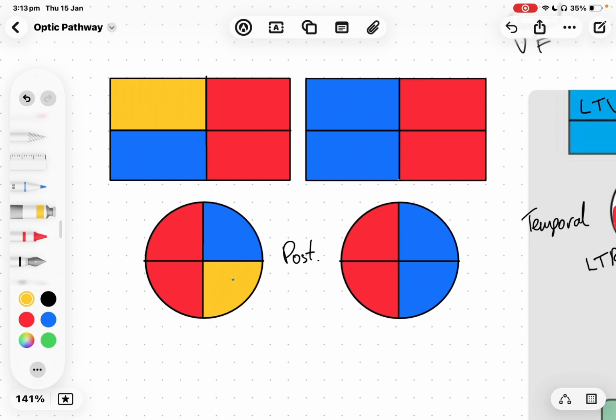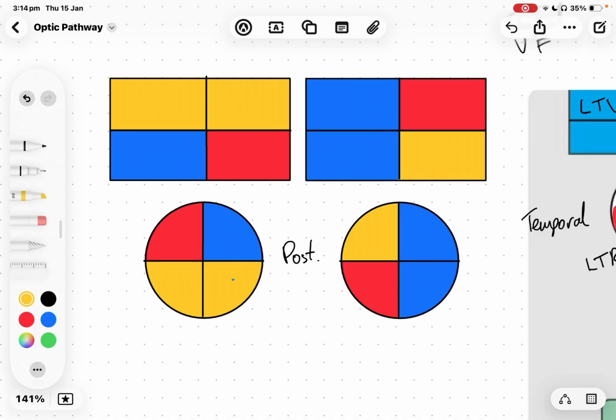And so now if I was to make this portion yellow up here, once again, it crosses over and it crosses over again. And so this portion becomes the yellow. And so if I made this one over here into yellow, it's not only going to flip over to the nasal side, but it's also going to go to the superior bit. And so you can see here how the retina is detecting everything in a flipped manner.